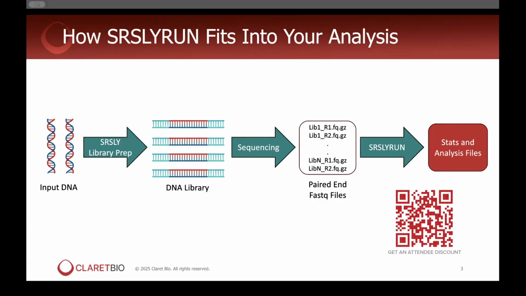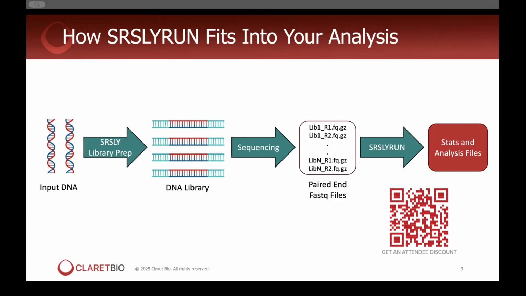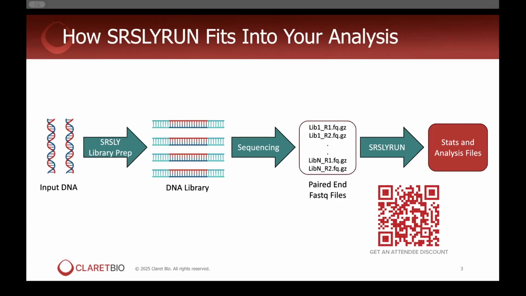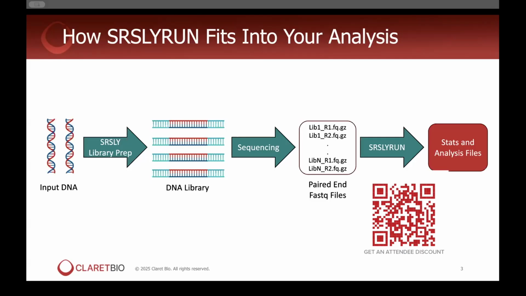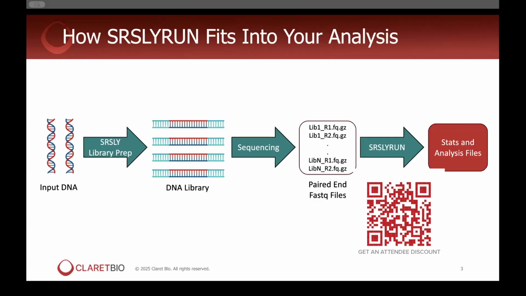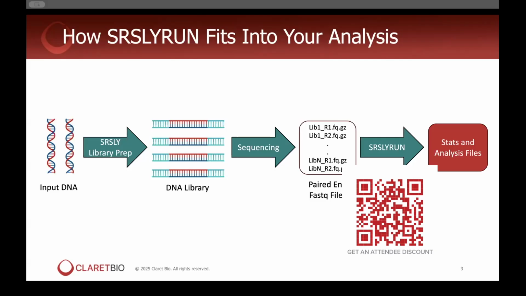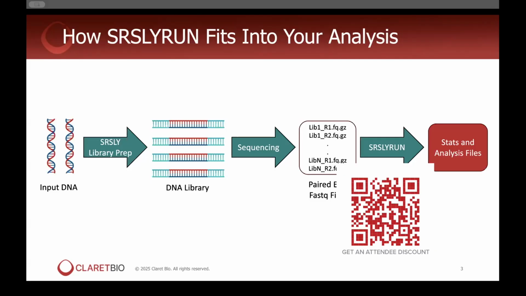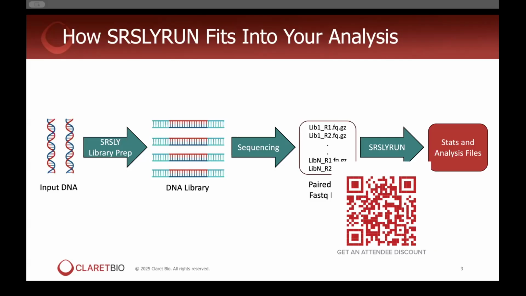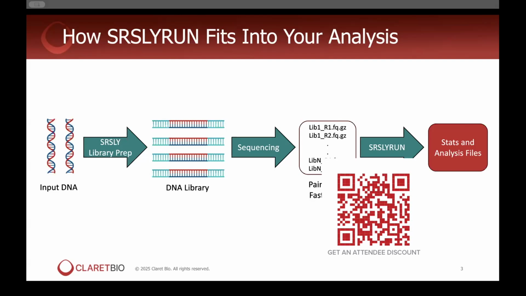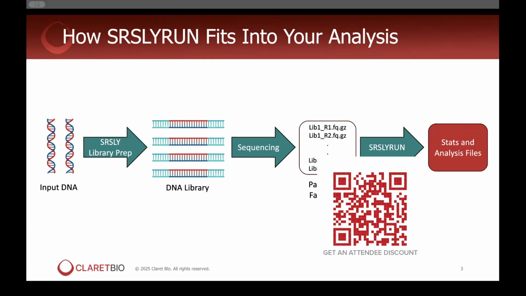Once you have these FASTQ files, this is where Seriously Run can be used, going from FASTQ files right to stacked analyses files. This is a tool that makes it so you don't need to worry about finding different software tools or writing data pipelines to generate these files. Seriously Run offers all that in one package.